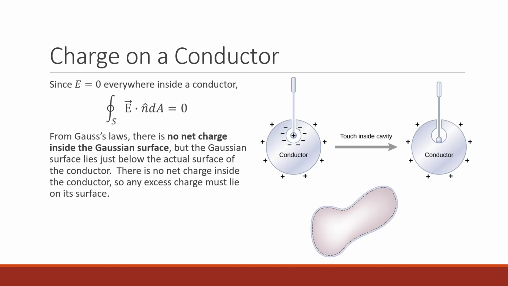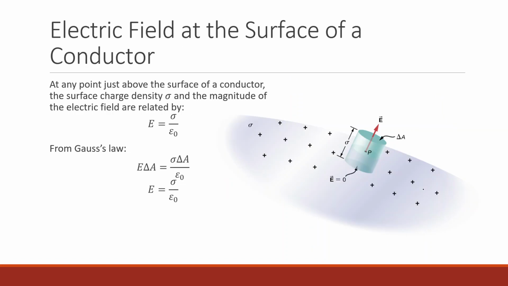So for example, we have a conductor and a rod that is going to induce our charge distribution here. We have negatives around this rod that's positively charged. When it touches, then we have a surface charge of positives. So we need to figure out what that electric field is. The electric field at the surface of a conductor is E equals sigma over epsilon naught.